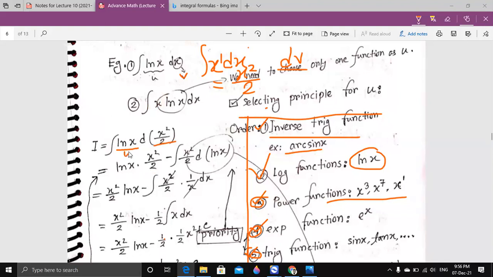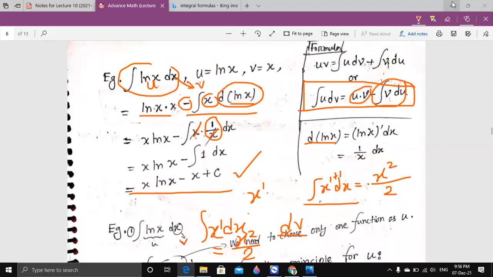This is our u and this is our v. So where is the formula? It is called the integration by parts formula, okay? So this is our topic today. So integration of u dv is equal to u multiply v minus integration of v du.